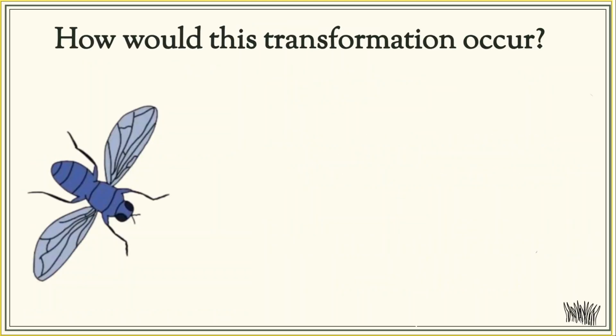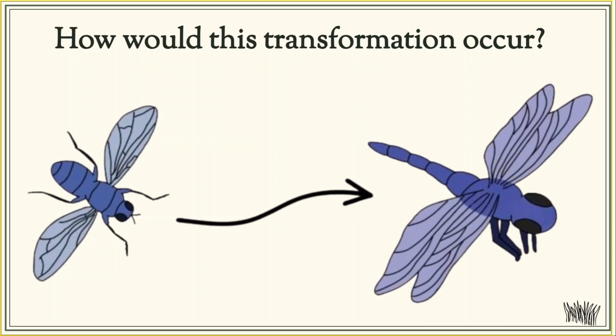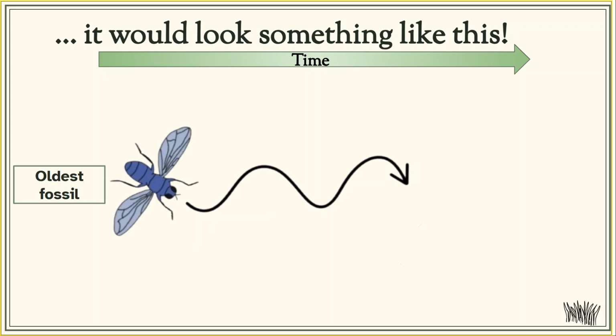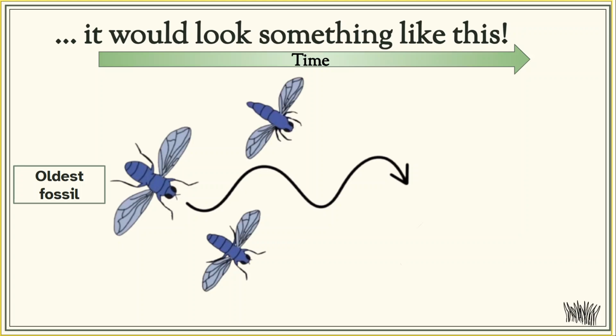Now, how would this transformation even occur? So here we have this fly-like creature, and we know that this was the ancestor of what we consider a dragonfly nowadays. So how did it happen? How would something that looks like this become something like the dragonfly? Well, the oldest fossil looks very much like a fly. Maybe at one point its body became longer, its wings became a little bit bigger, and then its body got a little bit smaller, its wings kept getting larger, its arms maybe got forward.